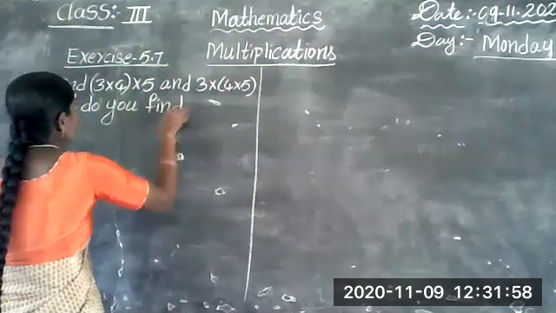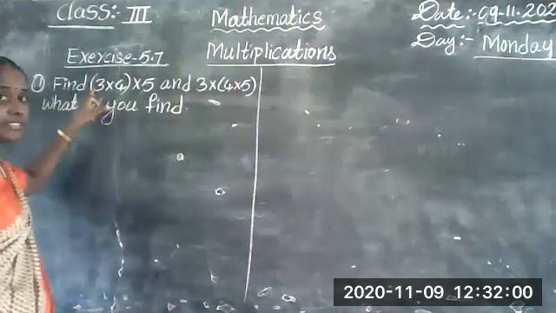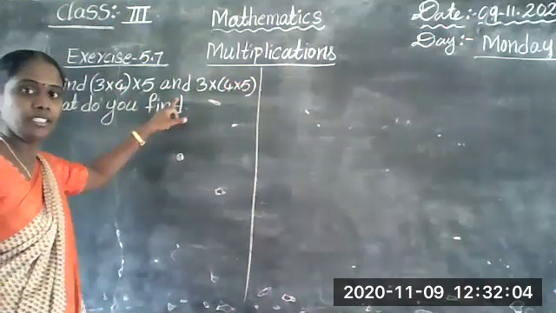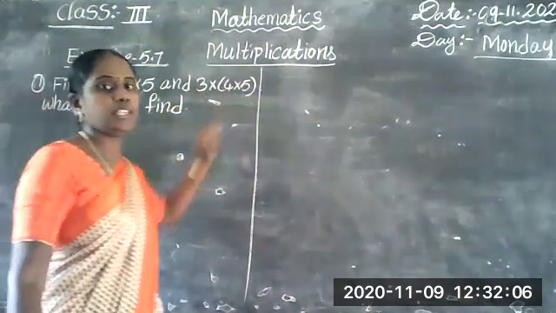What do you find? Find (3 × 4) × 5 and 3 × (4 × 5).